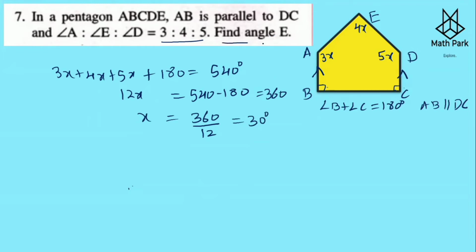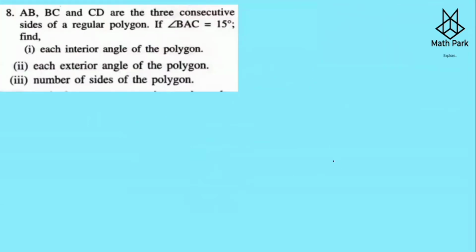You are asked to find angle E. Angle E is equal to 4x, that is 4 times 30, which is 120 degrees. Easy? Question number 8.